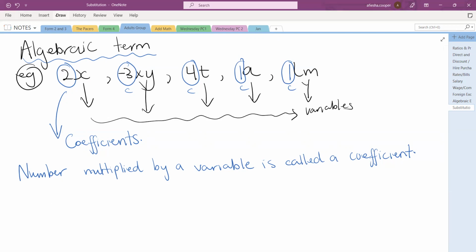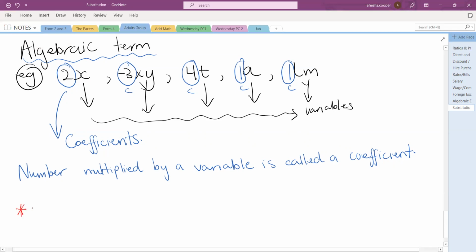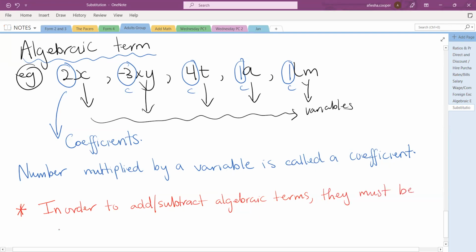But there's a rule. Of course, mathematics is logic, so there's a rule for everything. The rule, however, for adding them is that in order to add or subtract algebraic terms, they must be like terms.